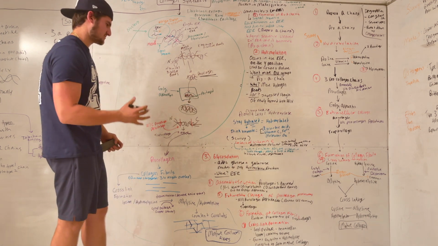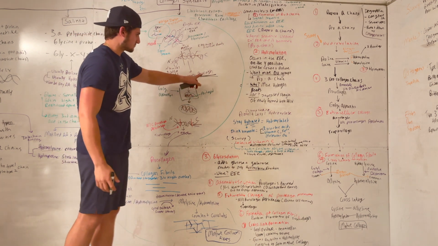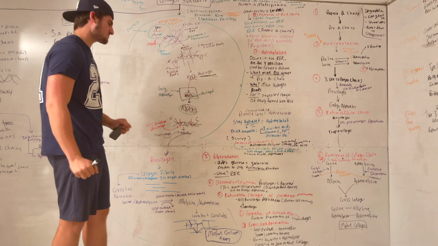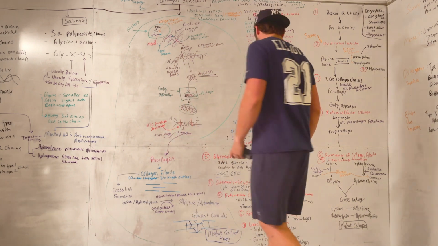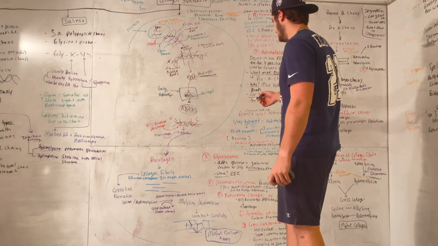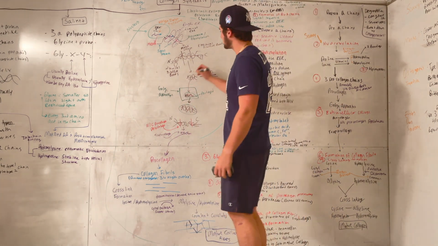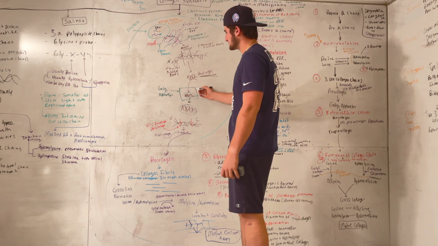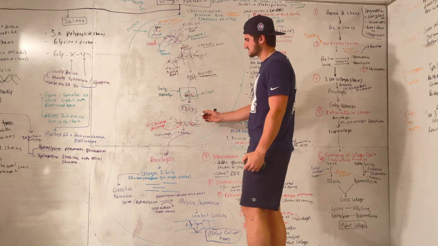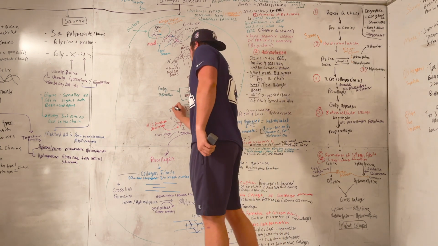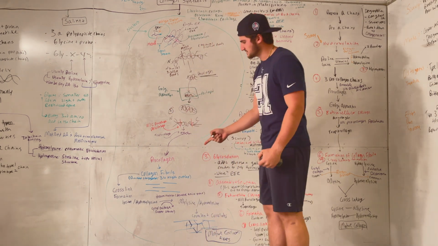That's what step 5 is going to be. Just packaging the pro-collagen into a vesicle. Now, he's going to come out of the vesicle, right? Step 4 is pro-collagen being packaged into a vesicle. Step 5 now is this vesicle coming out of the cell. So I should write step 5 right here. Vesicle coming out of the Golgi apparatus, right?